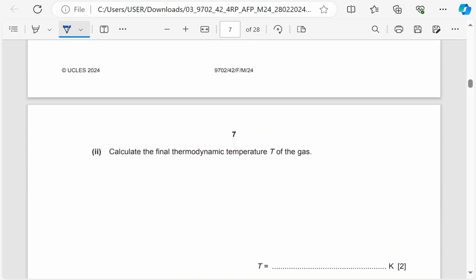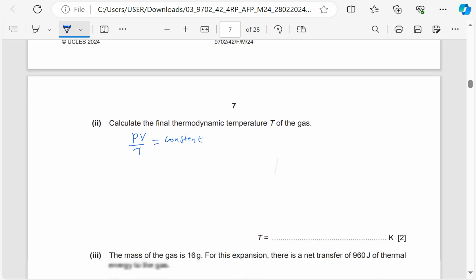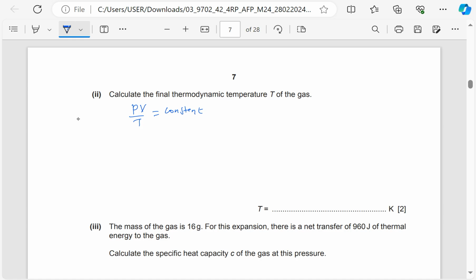Then calculate the final thermodynamic temperature of the gas. So using a simple formula, PV over T equals a constant. The pressure is constant, so if you want, you can say P1 V1 over T1 is the same as P2 V2 over T2, but remember pressure is constant, so P1 and P2 are the same, so I will just remain with V1 over T1 is equal to V2 over T2.